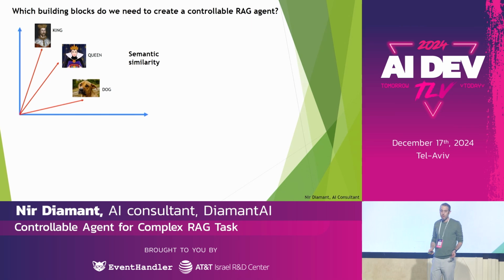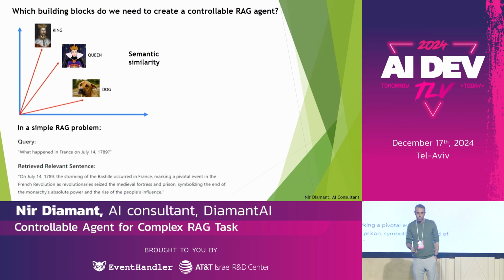In this case, we have the word king and the word queen. They lie very close in this space, and the word dog, for example, is further away. I give this example to show you a simple RAG problem.